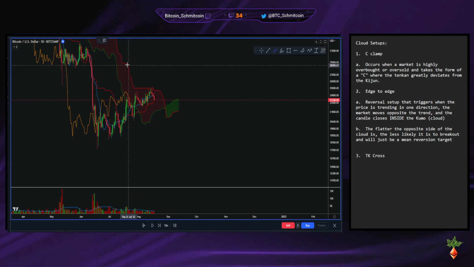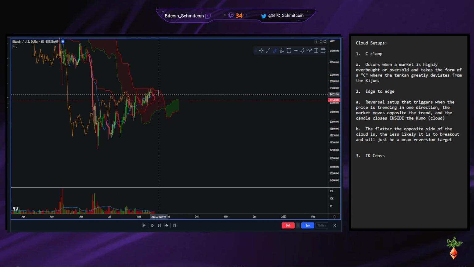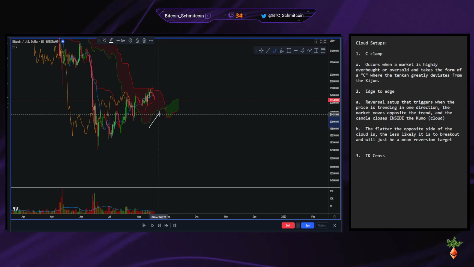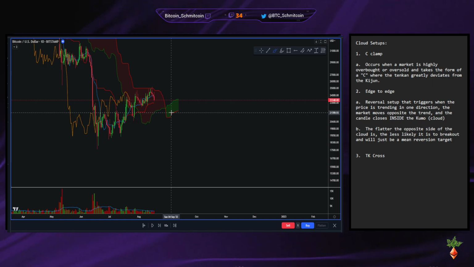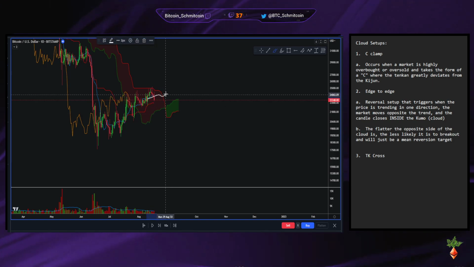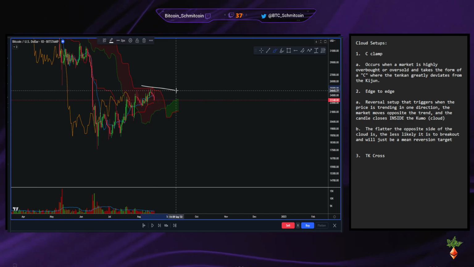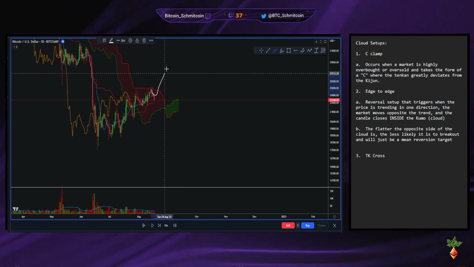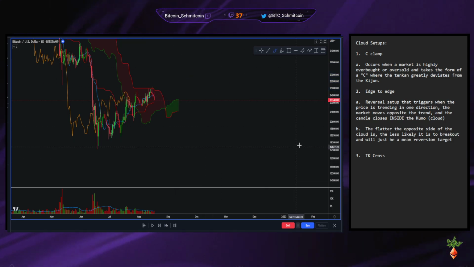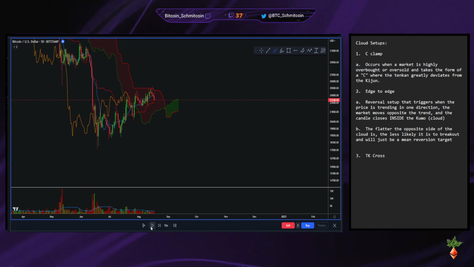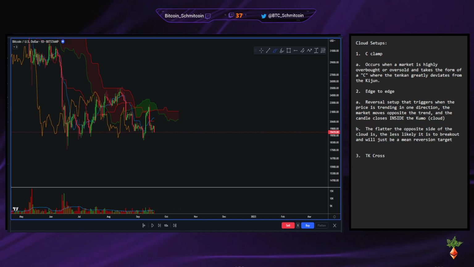Because this is support and resistance, if the cloud is converging like this, that means the resistance is weakening and the market has the opportunity to snake out the side. Now, if it hits the other side and it's flat like this, it's very rare for it to just go straight up through it. It does happen sometimes, but a setup's a setup, and we can see what happens there, right?